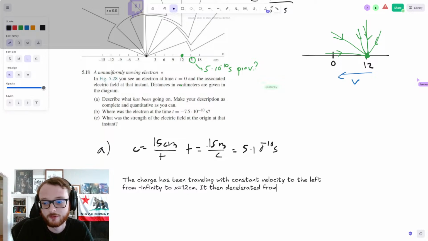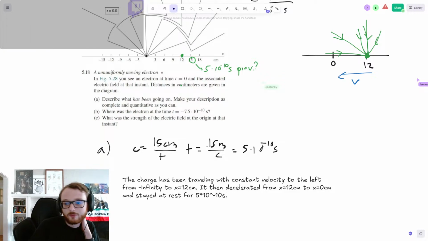Accelerated. x equals 12 cm to x equals 0 cm, and stayed at rest for 5 times 10 to the minus 10 seconds. Trying to think about what that 12 is telling us.